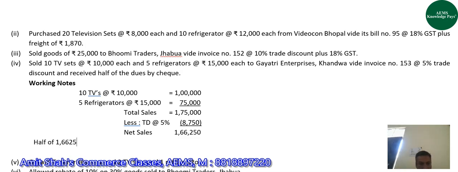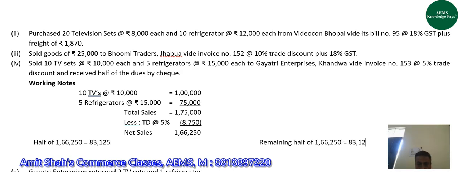Half of 1,66,250, and the remaining half of 1,66,250, that is 83,125 and 83,125. There is no cash discount.